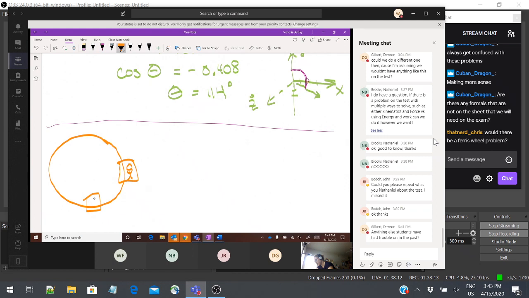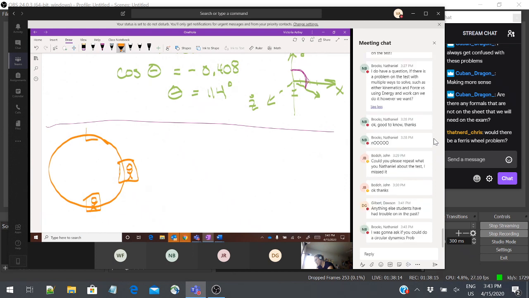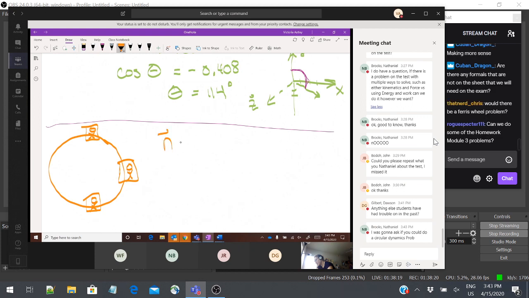No matter where you are, there's always your normal force and the force of gravity, and together they have to create an inward force equal to your mass times your centripetal acceleration.